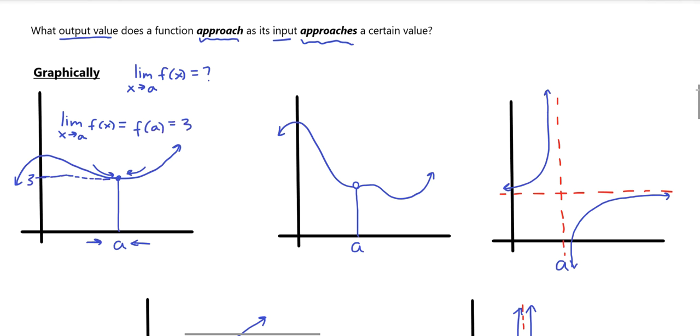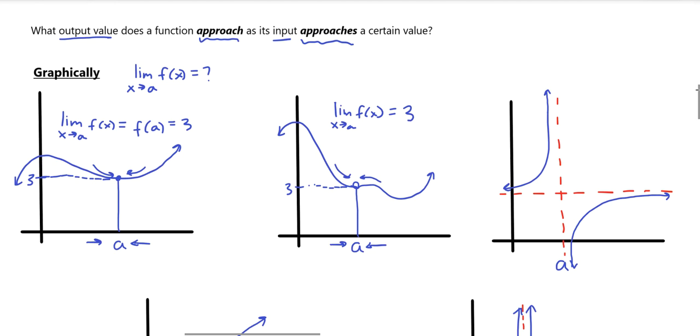Now let's go ahead and look at this case. As the x values approach a, we're still going to dip down to this point. However, we see that the function is not defined there. Don't let this fool you. The limit as x goes to a of f of x is still equal to 3, if this was 3, even though the function is not defined there, because remember, we're not concerned about what the actual function value is at that point.